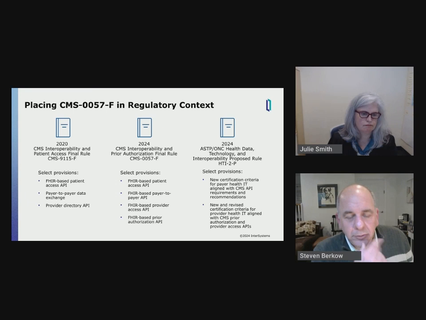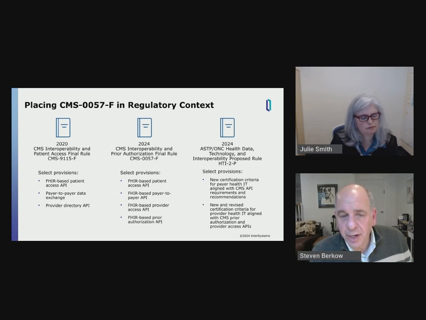And whoops, I got them backwards there. I was talking about the lower bullet. The upper bullet actually introduces a new certification requirement for payer health IT. Again, saying, you know what, if you want to be certified payer health IT, you have to follow the same set of Da Vinci recommendations in 0057.